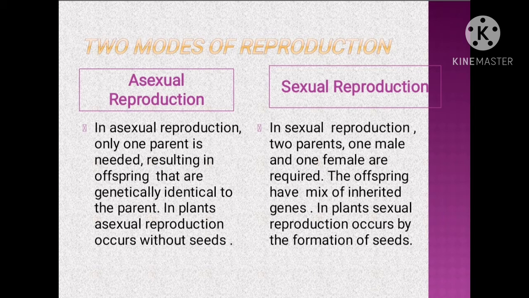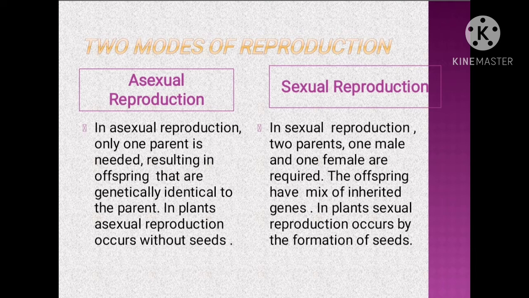In asexual reproduction, only one parent is needed, resulting in offspring that are genetically identical to the parent. In plants, asexual reproduction occurs without seeds, whereas in sexual reproduction, two parents, one male and one female, are required.